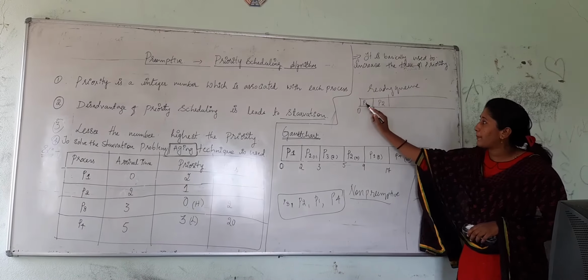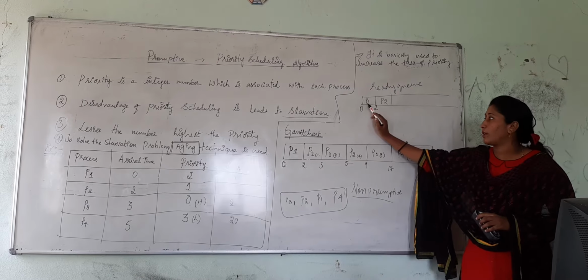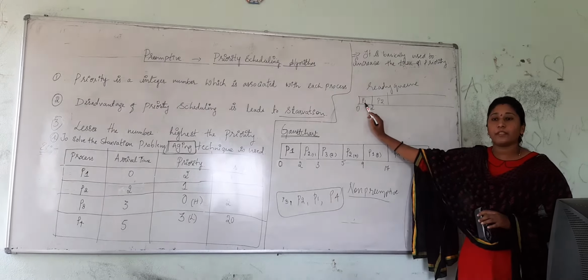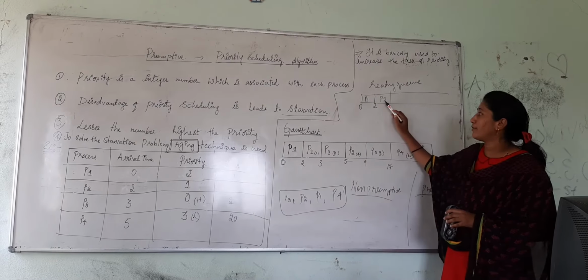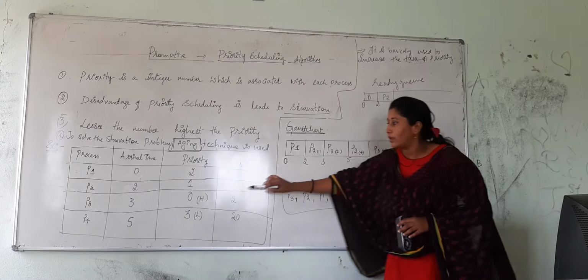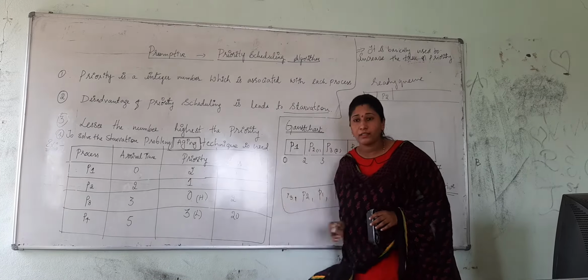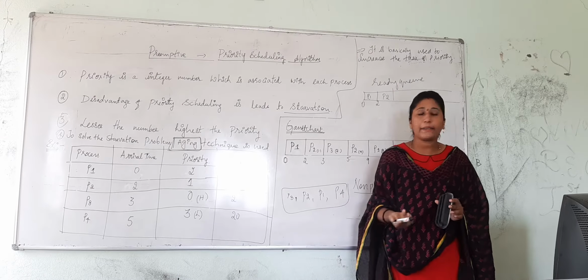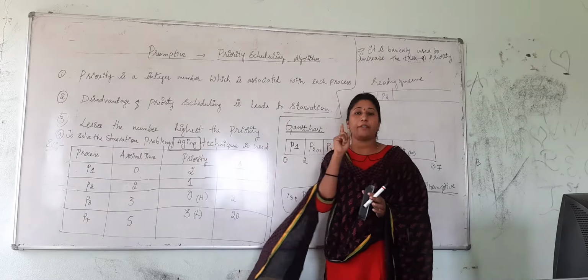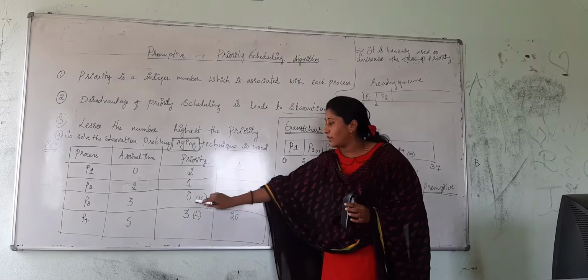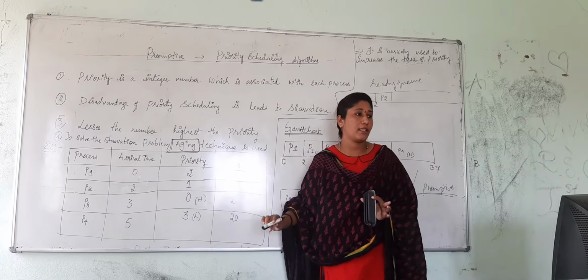Now check, what is the priority for P1? 2. And what is the priority of this P2? 1. Can we compare here? If we can compare, the first preference would be the lowest number, right?